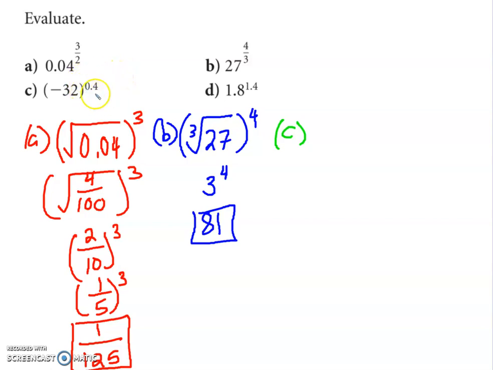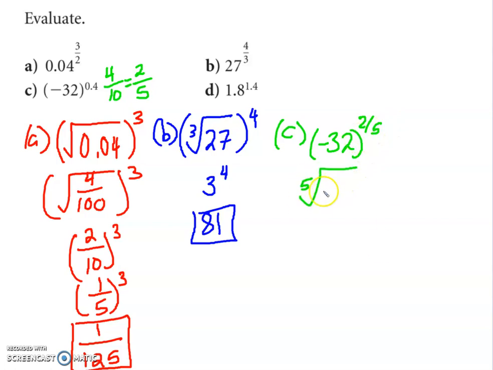So we could actually rewrite 0.4 to be a rational value because this is 4 over 10. The decimal ends in the 10th decimal spot. So this is the same as 2/5. So I'm looking for -32 to the power of 2/5. So I want the 5th root of -32, and then I want to raise that to the power of 2. So the 5th root of -32 is going to be -2, and I raise that to the power of 2 to get 4.